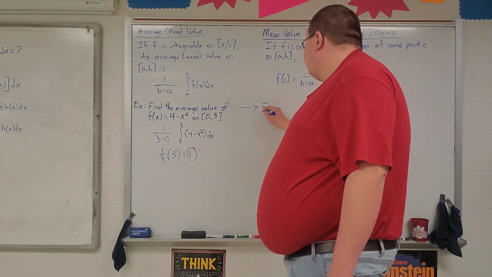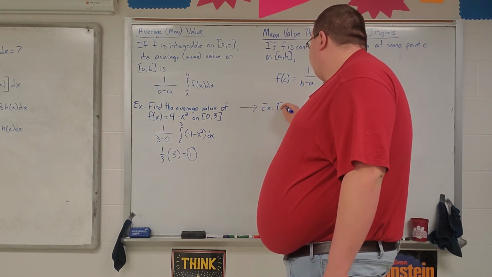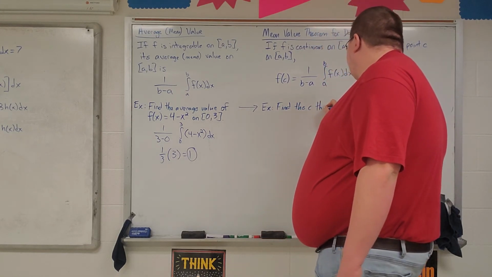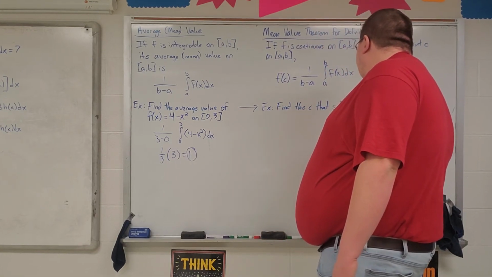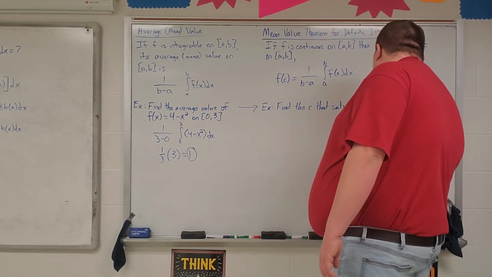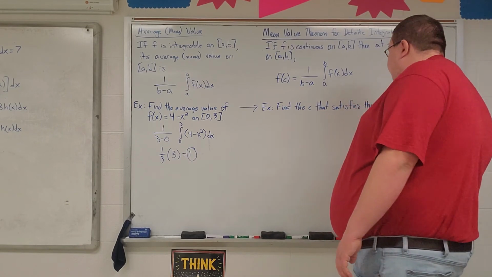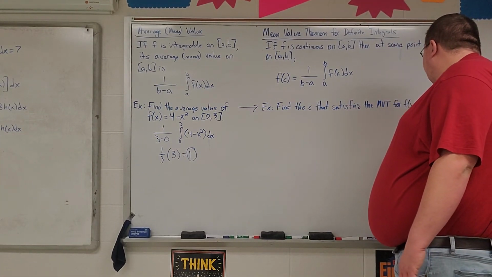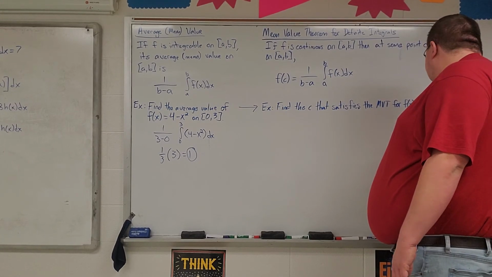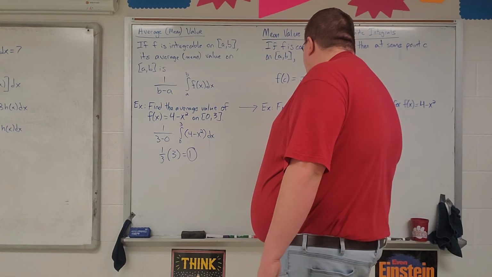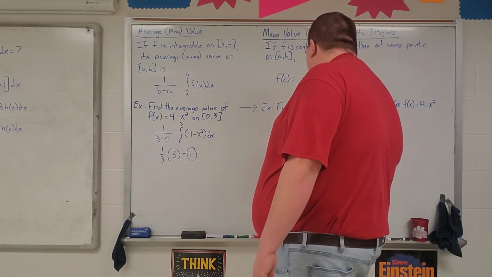So let's say we wanted to find the c that satisfies the mean value theorem for f of x equals 4 minus x squared on 0 to 3.